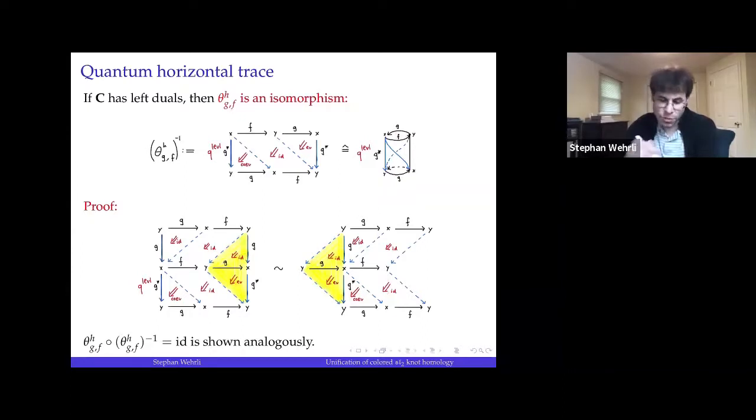And now you can do a bit more. If you have some two morphism, let's call it alpha, going from F to some other F prime, and maybe a two morphism beta from G to G prime, you can still do this untwisting. And what it will do is reverse the order of the two morphisms that sit here, and it will also rescale by some power of Q depending on the degree of beta.